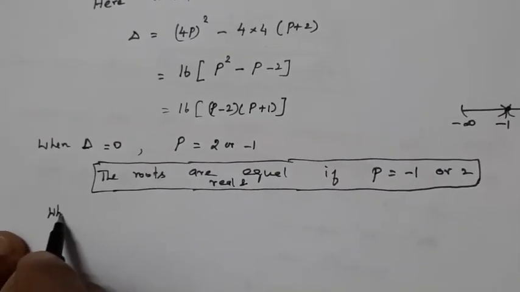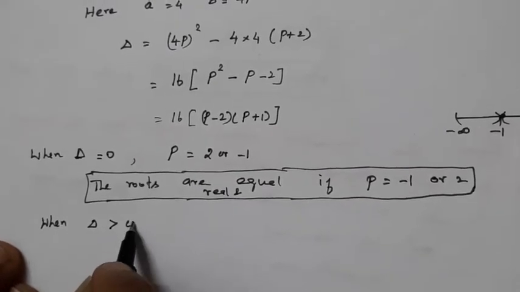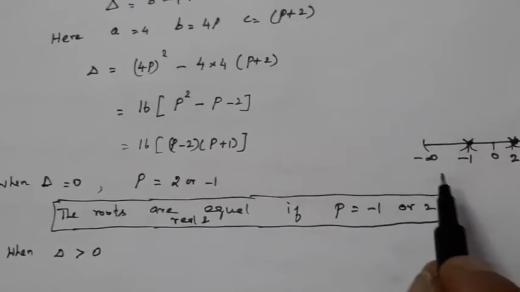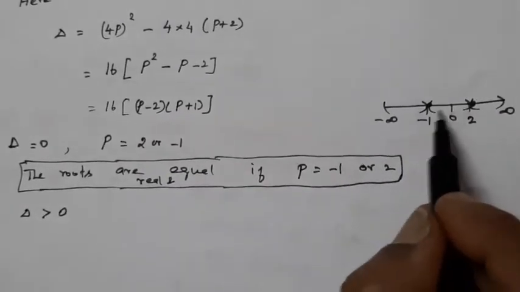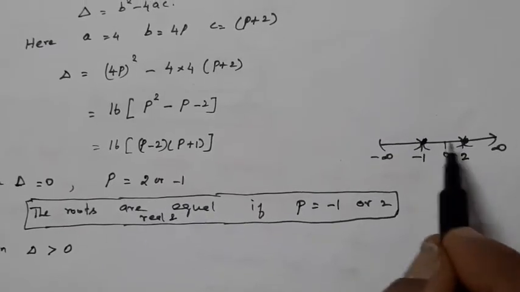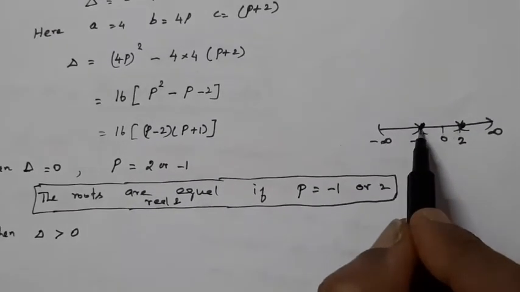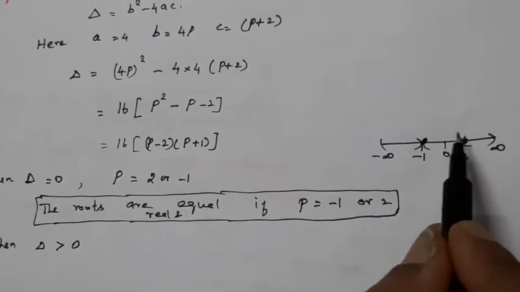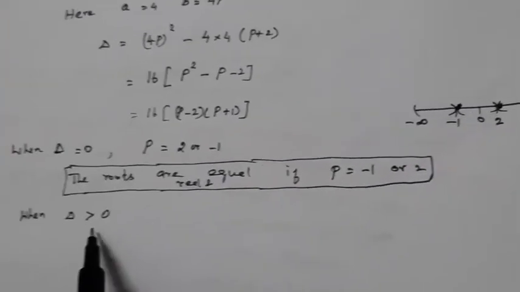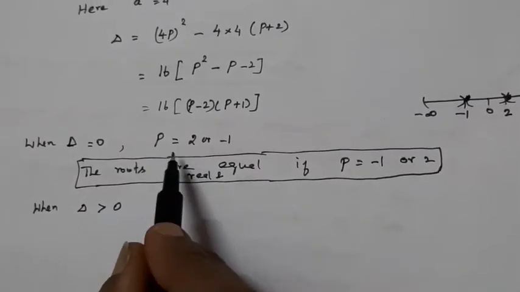Then you have to find out for what value of p delta will be greater than 0. Okay. So, for that, for an easy way, you have to consider the number line and 3 intervals. Exactly at minus 1 and 2, delta will be 0. So, you have to check in which interval it will be positive and in which it will be negative, in order to determine whether the roots are real or imaginary for the values of p.